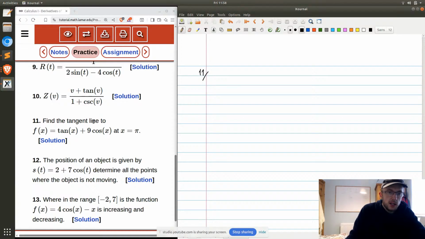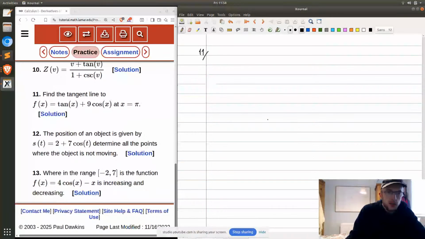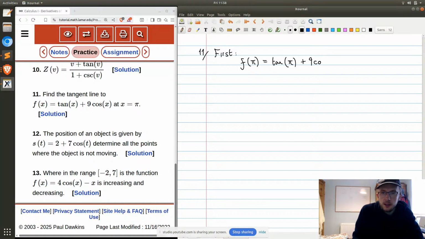Find the tangent line to f of x at x equals pi. First, f of pi is tan of pi plus 9 times the cosine of pi. And what is tan of pi?